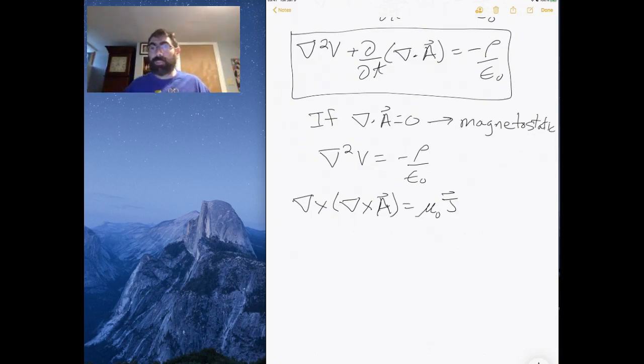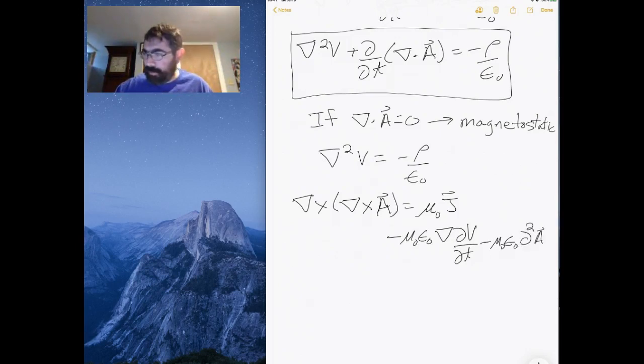And now we have to substitute in for the electric field. So that would give us minus mu0 epsilon naught, the gradient of the scalar potential, minus mu0 epsilon naught, and now we have a second derivative of the vector potential with respect to time.